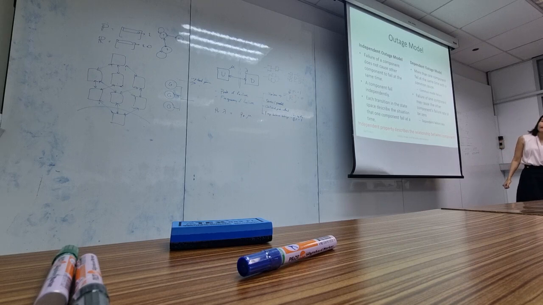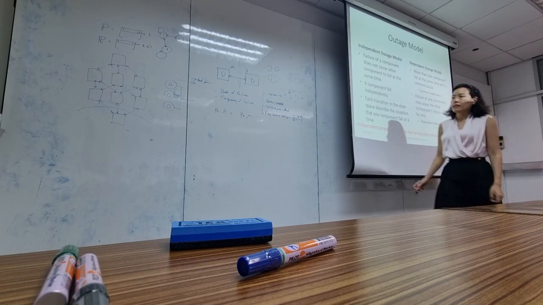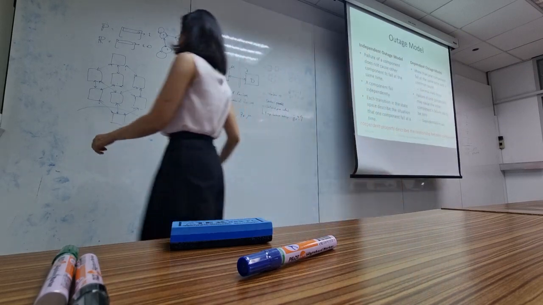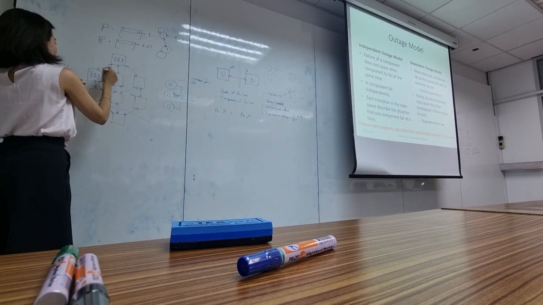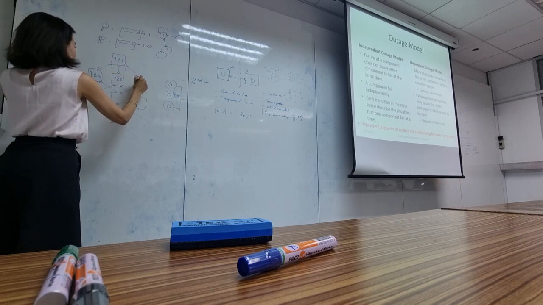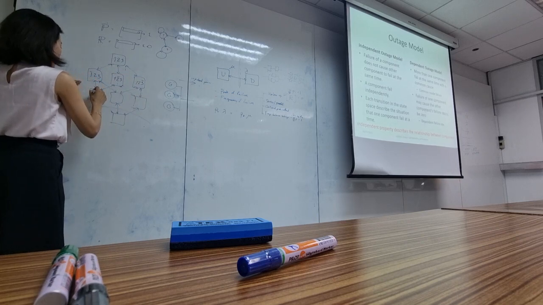Now, for the outage model, when it's independent, it means that, as you can see, this is 1, 2, 3, 1 fail, 2 fail, 3 fail.